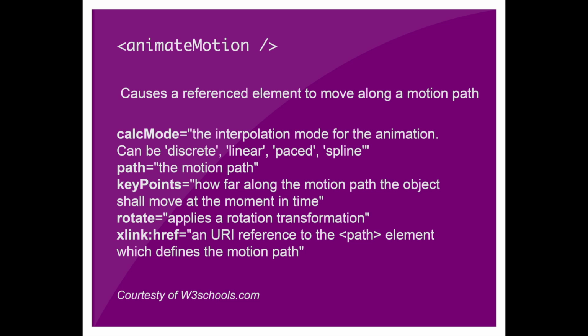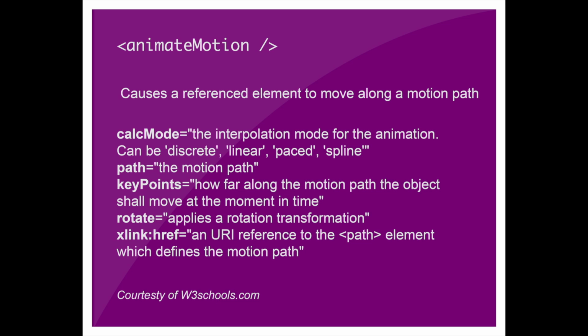So basically, fewer points it'll travel along, more points it could have more variation. Rotate as regular, degrees from 0 to 360. xlink:href, that's a URI reference, just like an href in an HTML element, and then you would tie that up with the path, the motion path of where it's going to go.